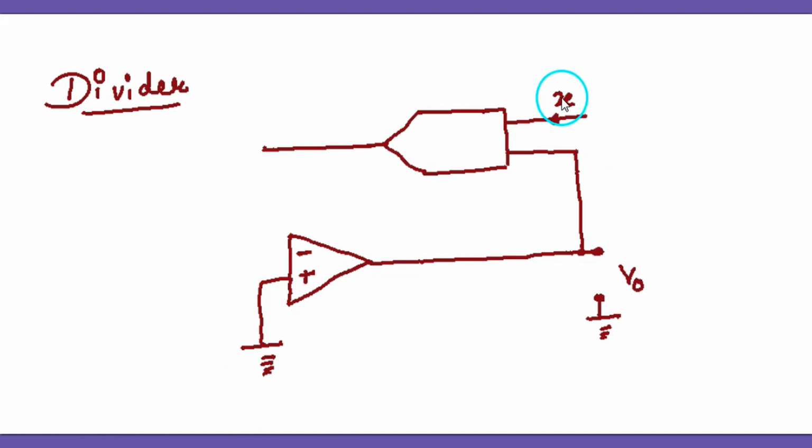They are the two inputs of this multiplier. X is one input, and the output of the op amp is connected here. That becomes the second input, V0, for this multiplier. For the multiplier, the two inputs are V0 and X.